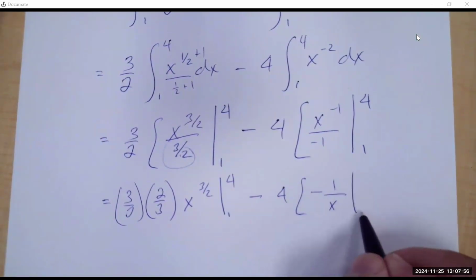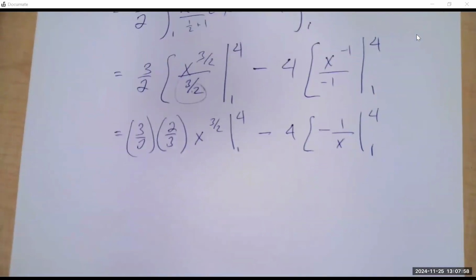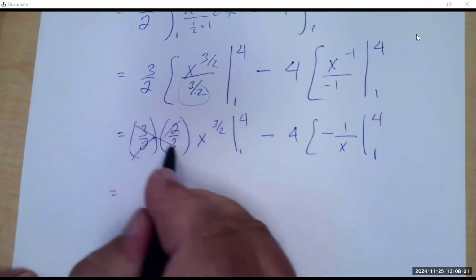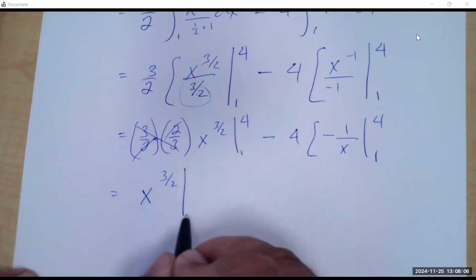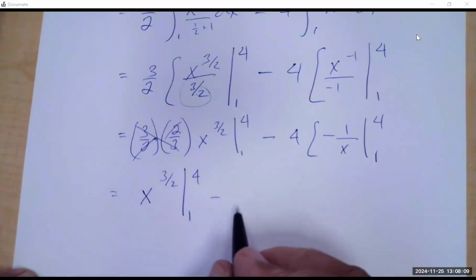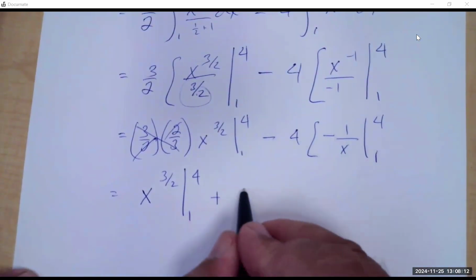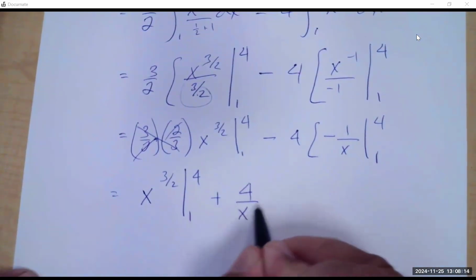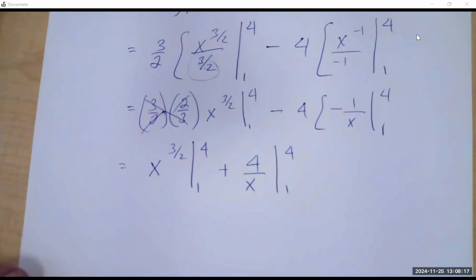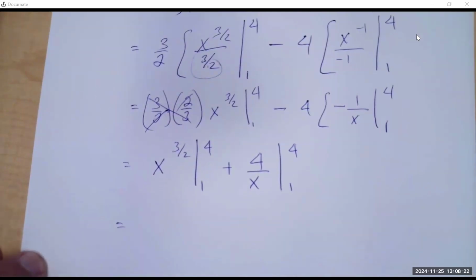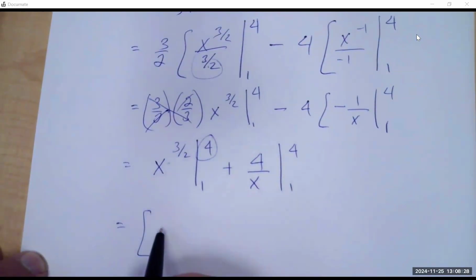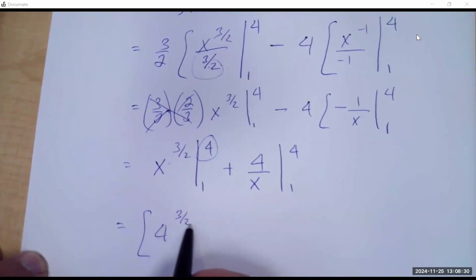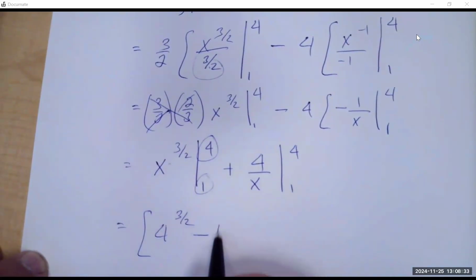Then minus 4 times -1 over x from 1 to 4. Those cancel. That negative and that negative become a positive, so plus 4 over x from 1 to 4.